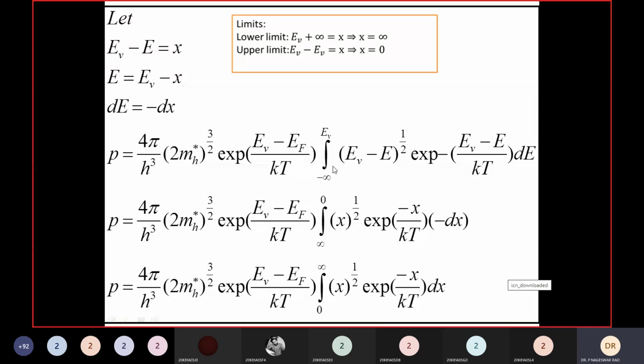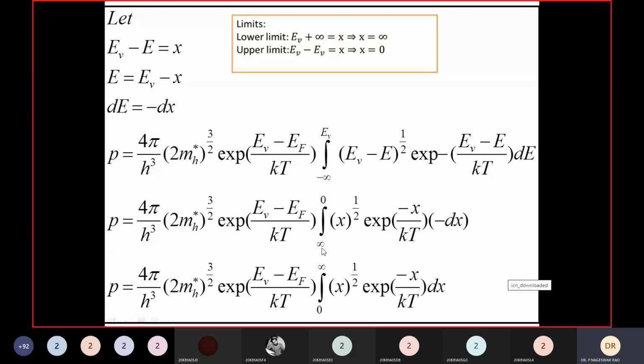Instead of E in this formula, we are substituting minus infinity, so X will become infinity. Similarly, for the upper limit, instead of E we are substituting EV, so X tends to 0. So the upper limit will become 0 and the lower limit will become infinity.